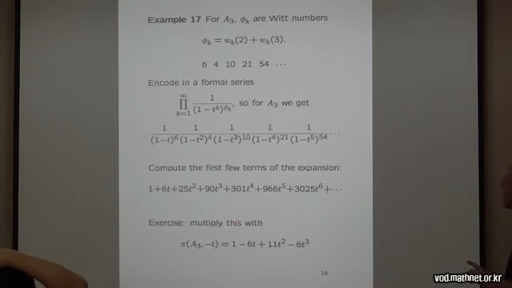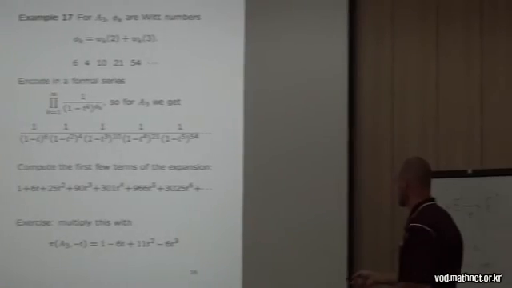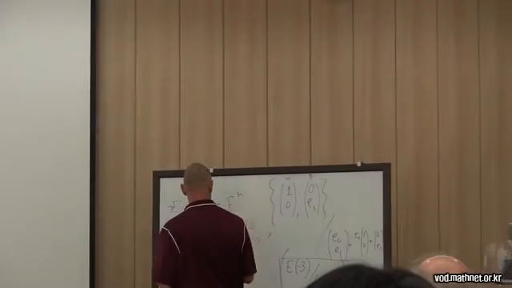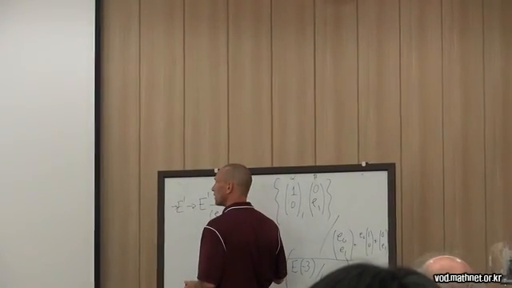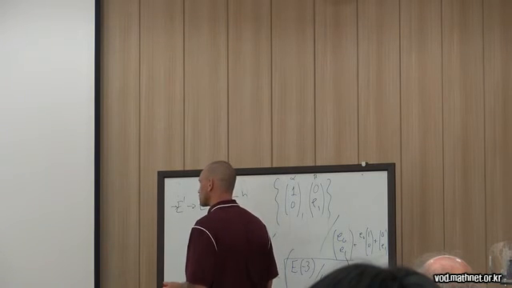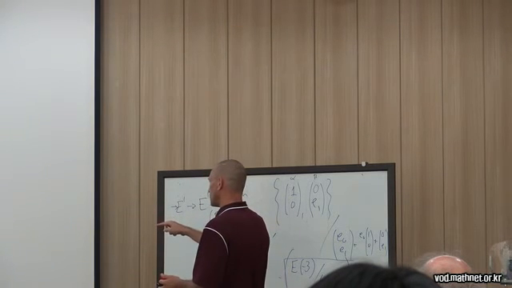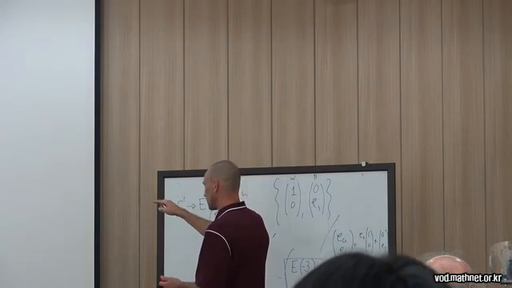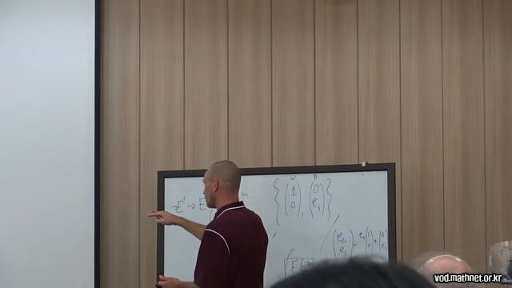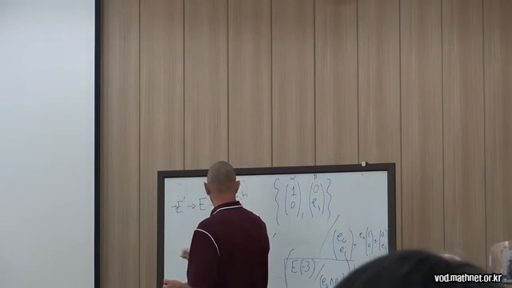What about t cubed? 90 minus 150. What's next? 66. And what's the last one? 90. Let's see. 90 minus 150 plus 66 minus 6.